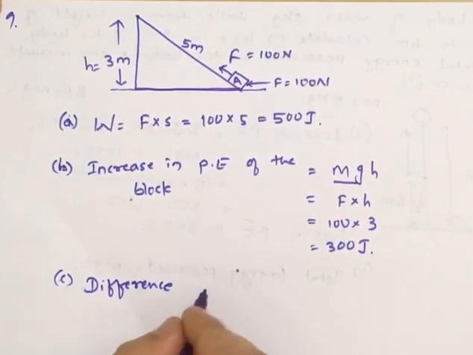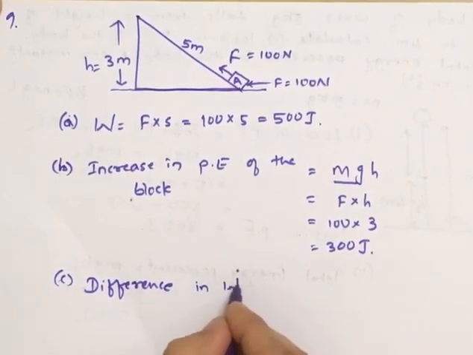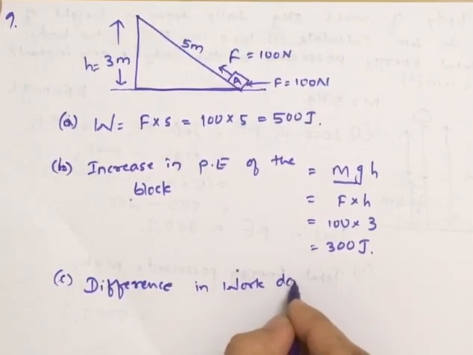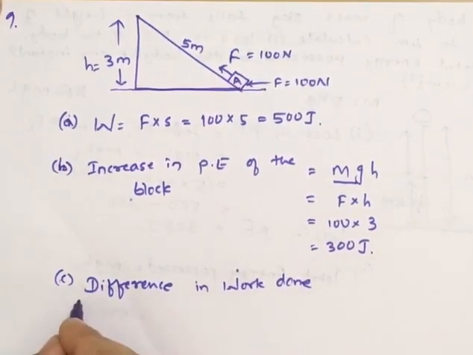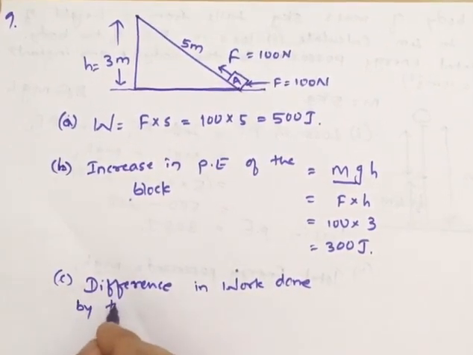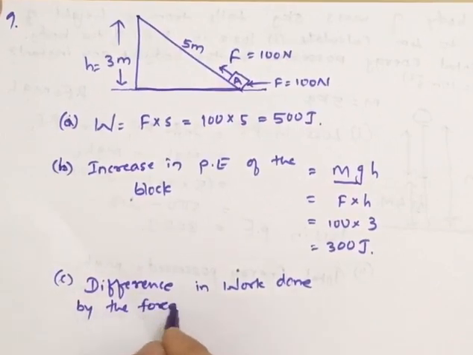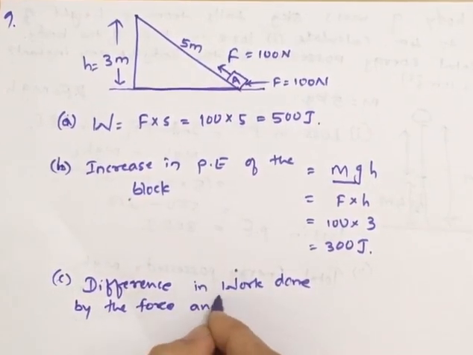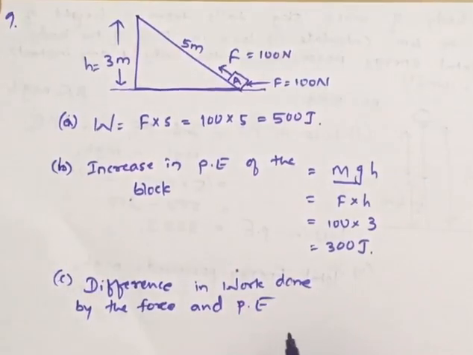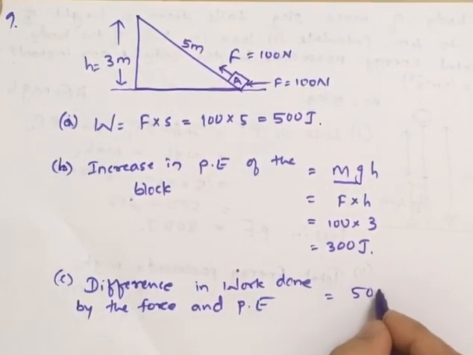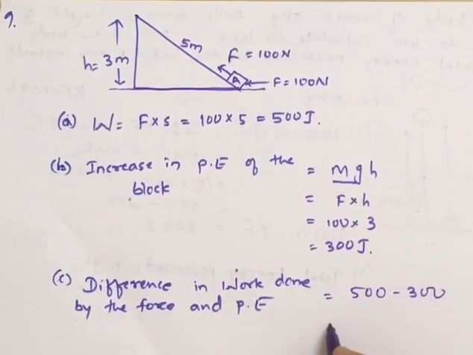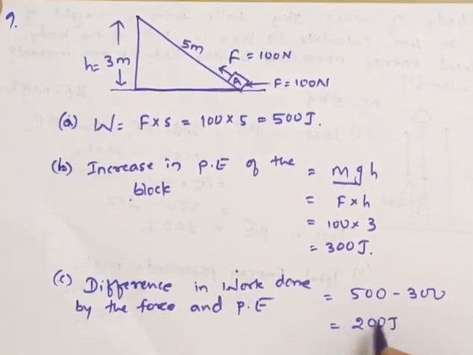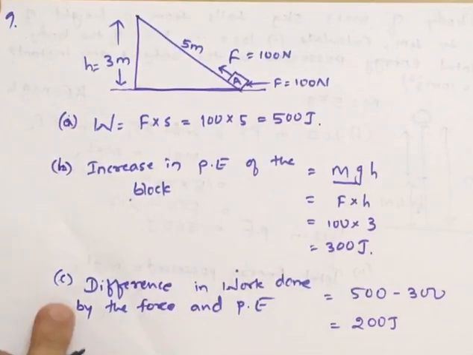Difference in work done by the force and increase in potential energy, that is equal to 500 minus 300, that is 200 joules. What is the difference between these two? That is the meaning of this question. Okay, have you all understood this?